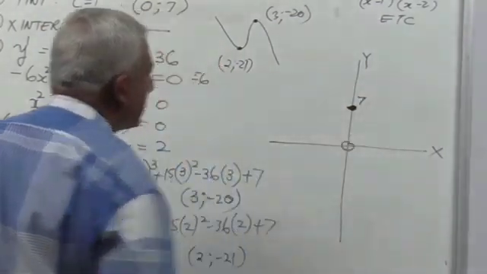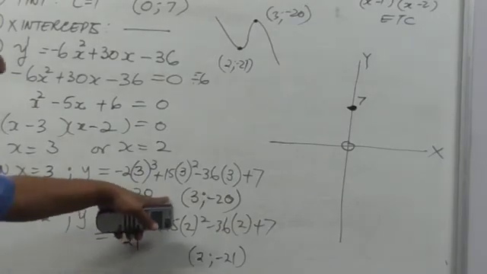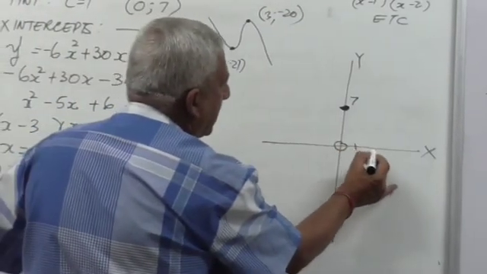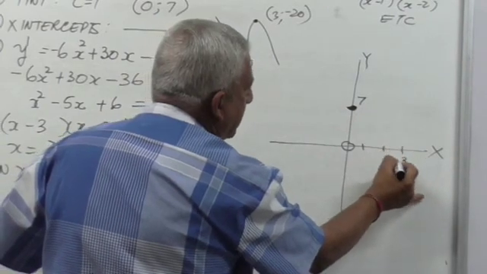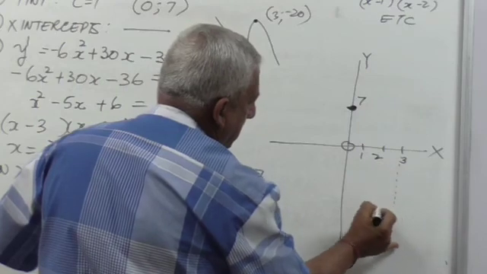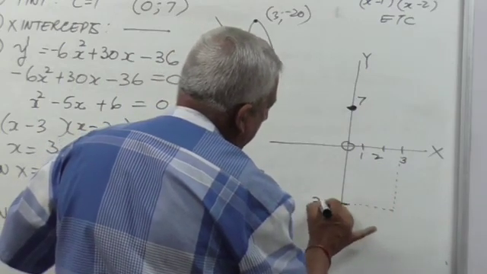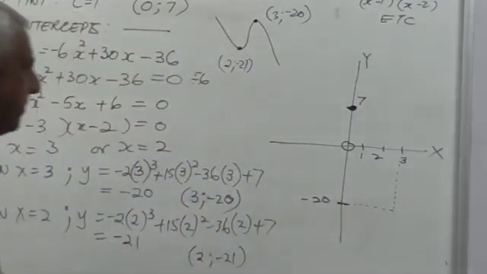We don't know the x-intercept, so forget about it. Then we plot the points. 3 and negative 20. So let's say 1 is here, 2 is here, 3 is here. Let's say negative 20 is there.